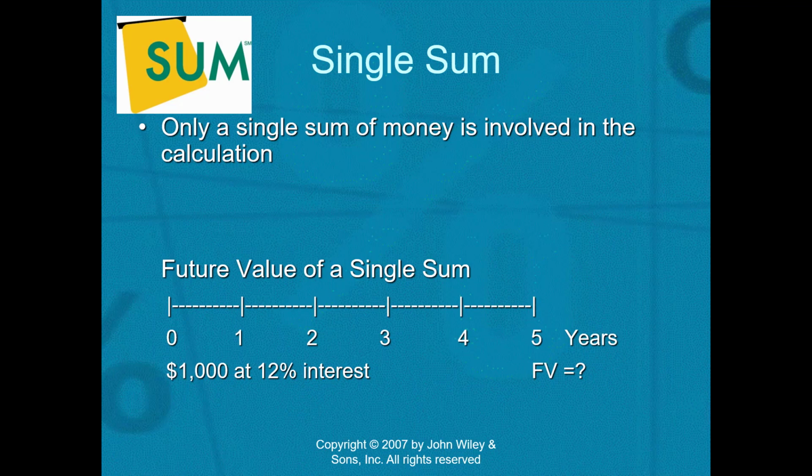Now it'll say N equals 5 on your screen. Then do 12 IY. Now your screen should say IY equals 12. And now we're going to compute future value, so the CPT key at the top left, and compute future value.